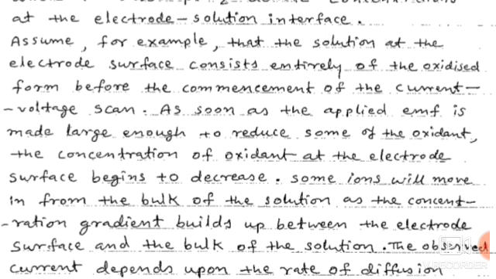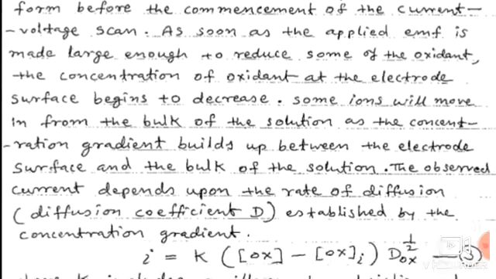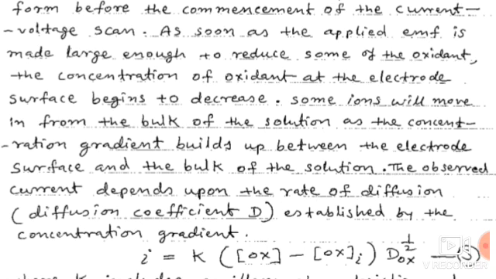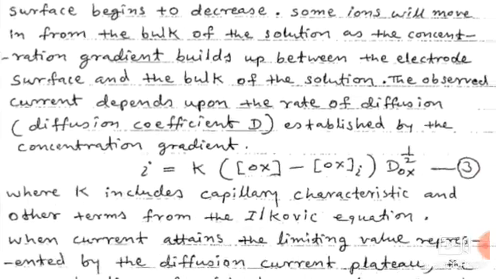The observed current depends upon the rate of the diffusion, that is the diffusion coefficient D, established by the concentration gradient.